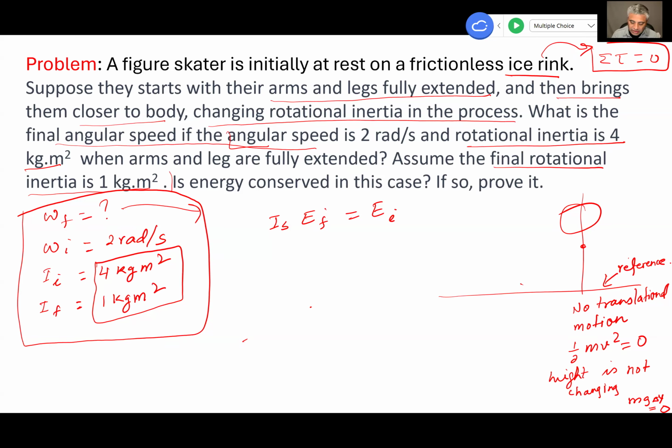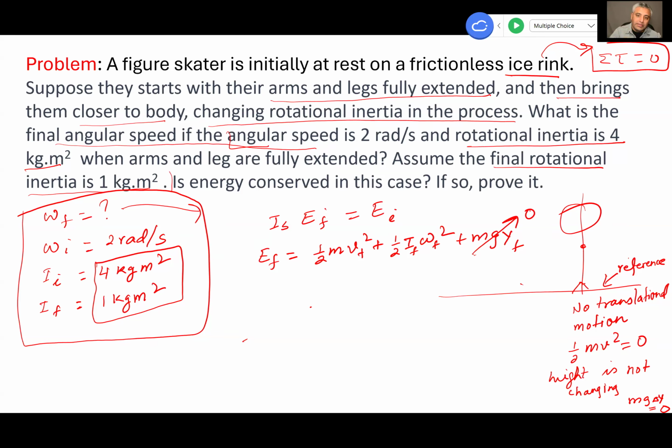On the floor. So that means total final energy possibly is half m v_F square plus half I omega_F square plus m g y_F. This last term we can say is 0 because we are choosing the reference right where the person is doing the act.